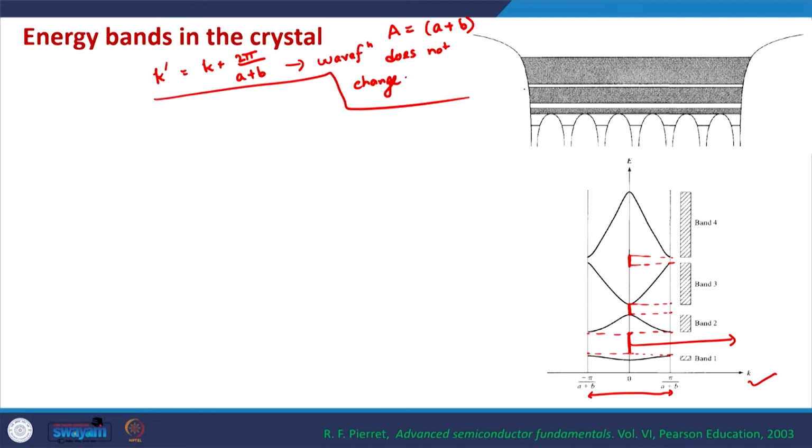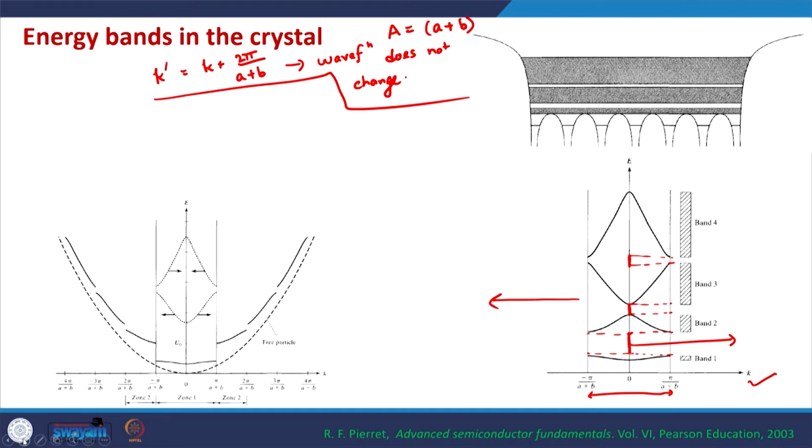By making use of this condition, we will see that there is an alternative way of visualizing the EK relationship for a 1D solid, which can be given by this.